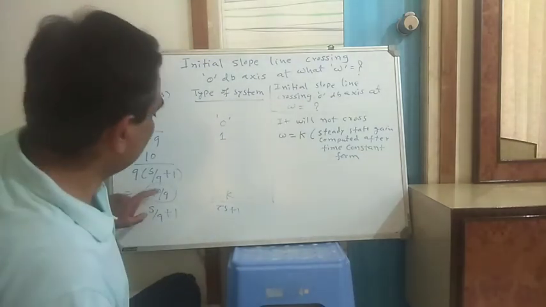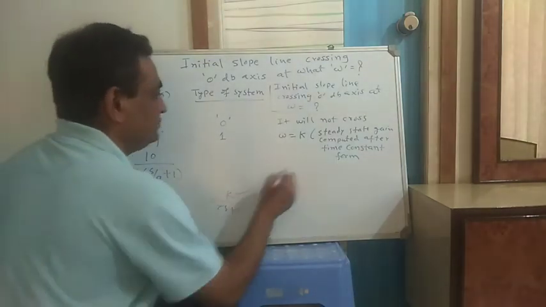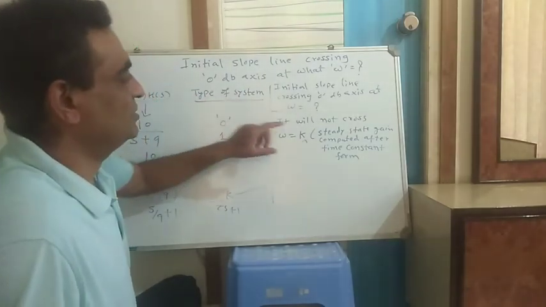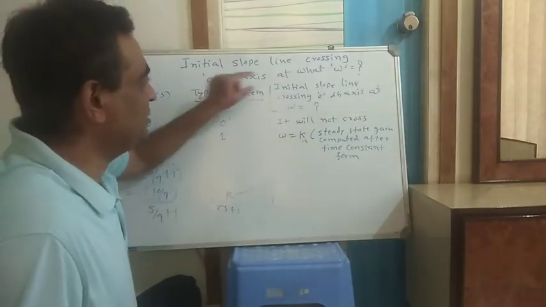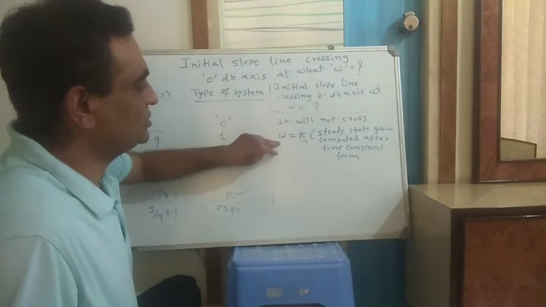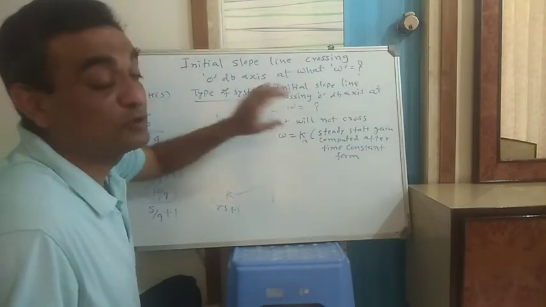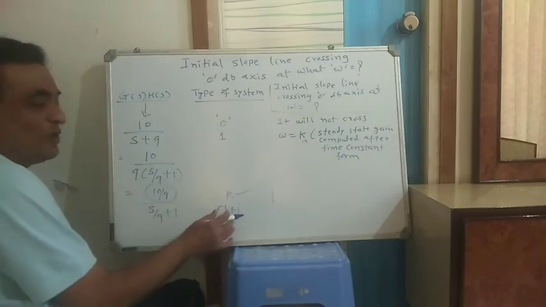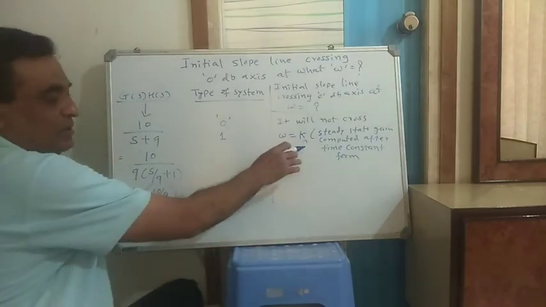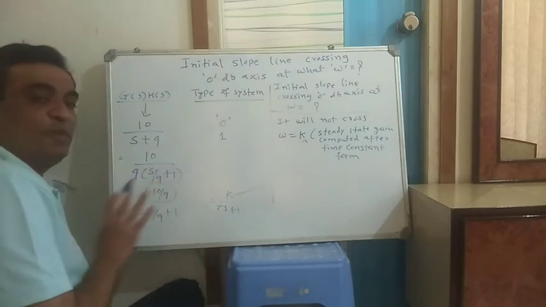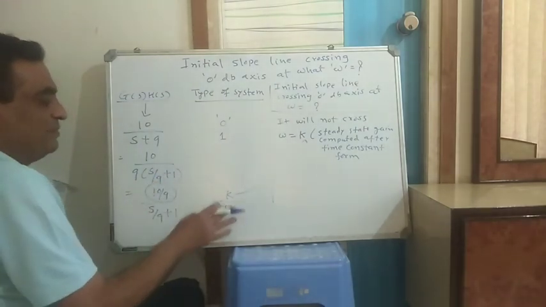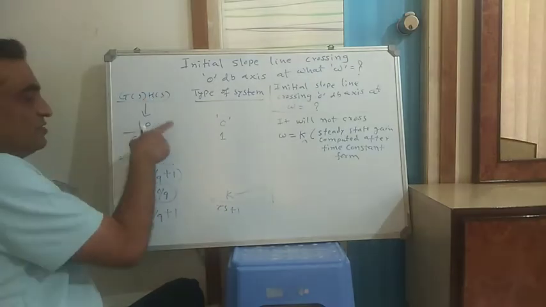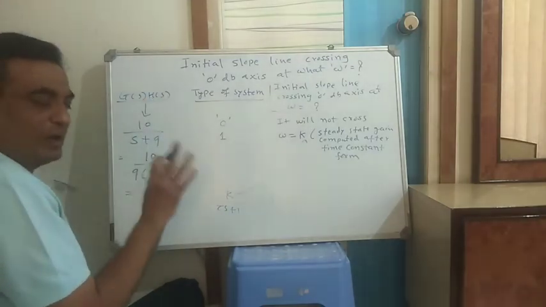So I am talking about this K. So if it is a type 1 system, the steady state gain, the initial slope line will cross the 0 dB axis at omega equal to K. If you compute K wrongly, your entire magnitude plot would be wrong. That's why I'm saying repeatedly: convert the transfer function into time constant form correctly.